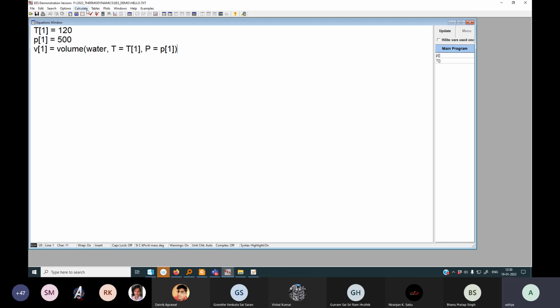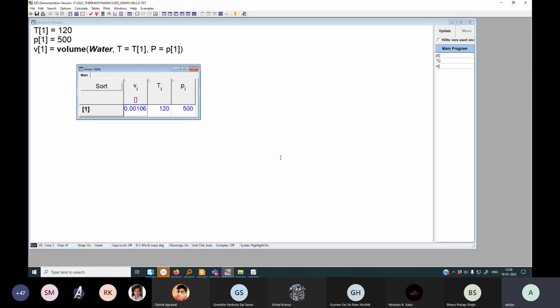Then I simply solve this. I get a volume of 0.00106. If you look at the inverse of the specific volume, it is in the range of 1000, so it's like subcooled water.